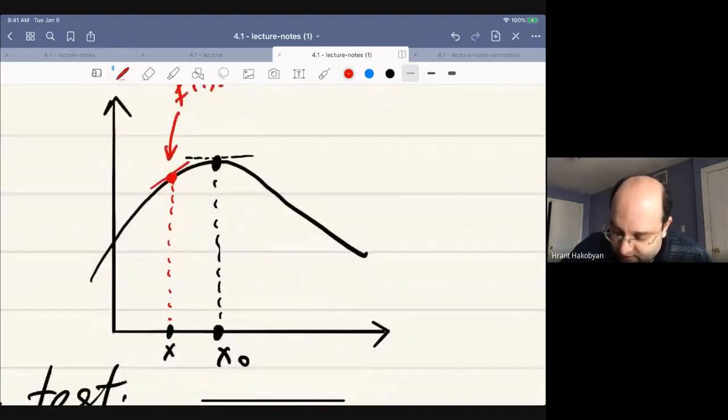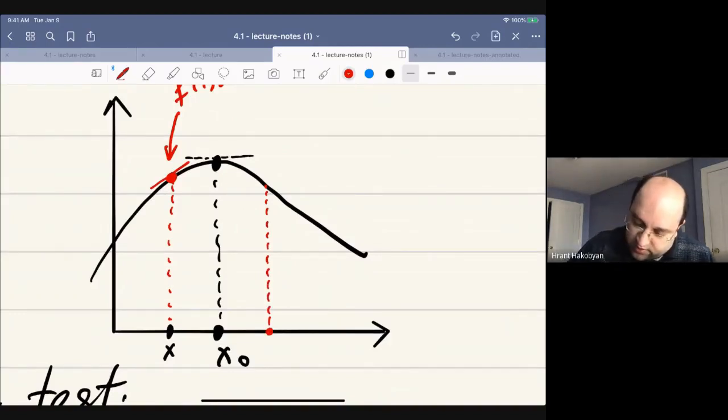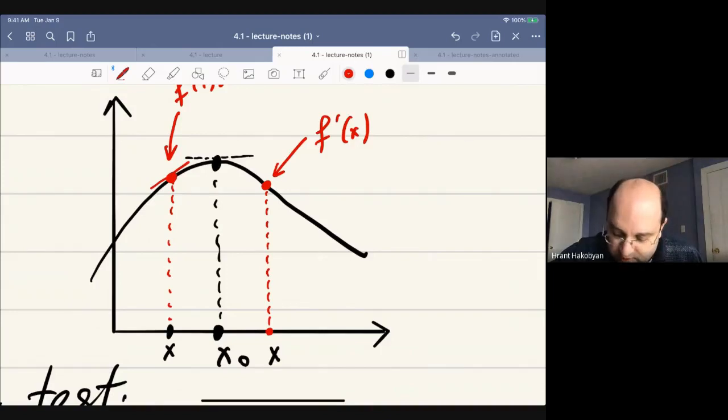Now if I take another point here, let's call it also x, at that point I have f prime at x is negative, because the slope looks like this.